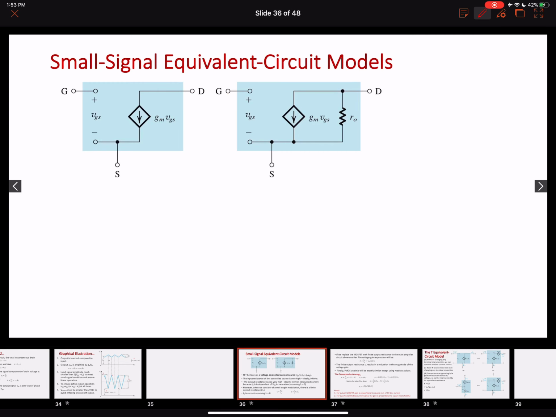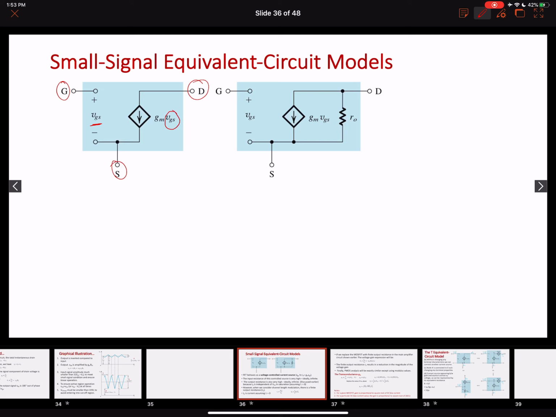Okay, so here's a small signal equivalent circuit model. You have seen this circuit before in the last chapter as well, when we were talking about a MOSFET, finite output resistance, and the channel length modulation effect. This is an NMOS. Here's a gate terminal, source terminal, a drain terminal, right? This is a time varying input voltage, right? And it's a transconductance amplifier, in which a constant current can be controlled by a voltage source, right?